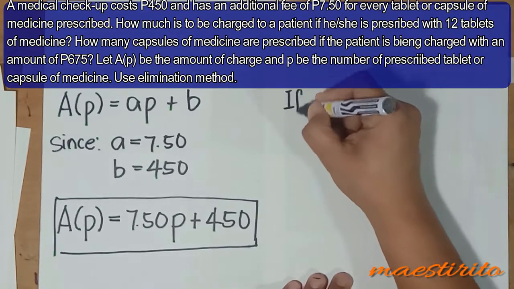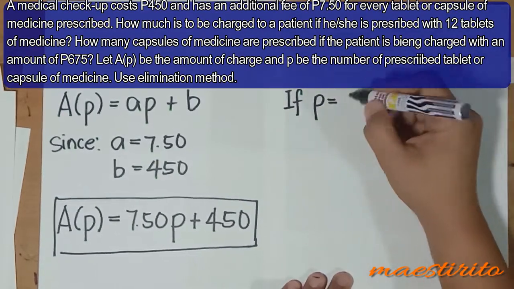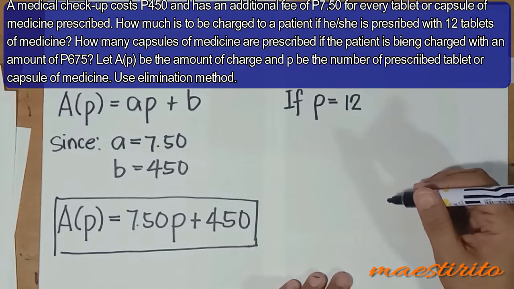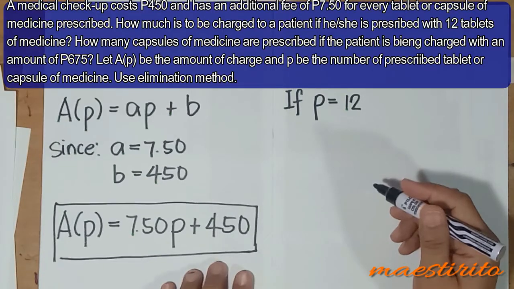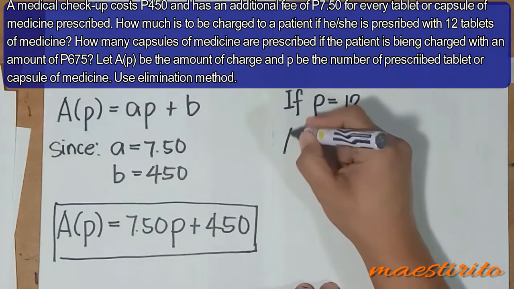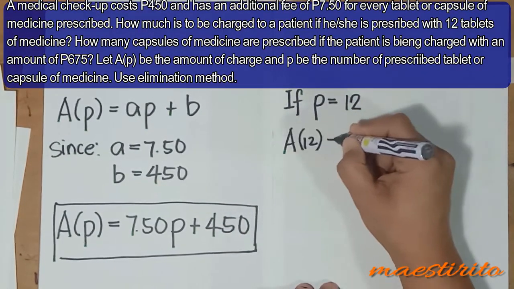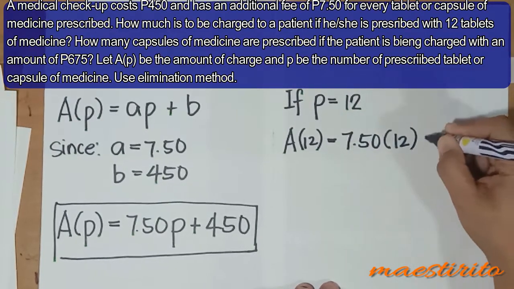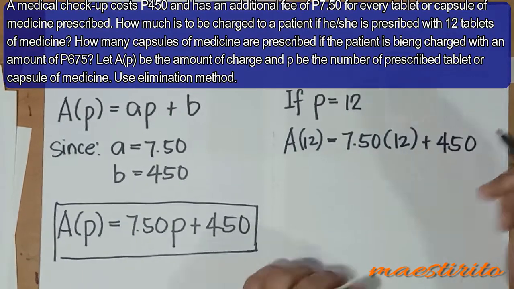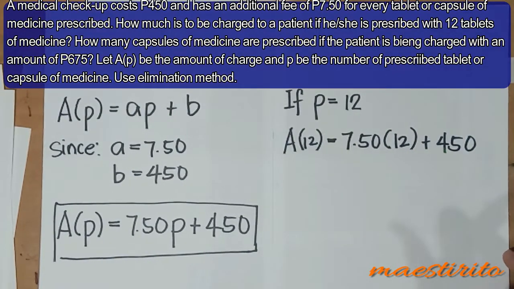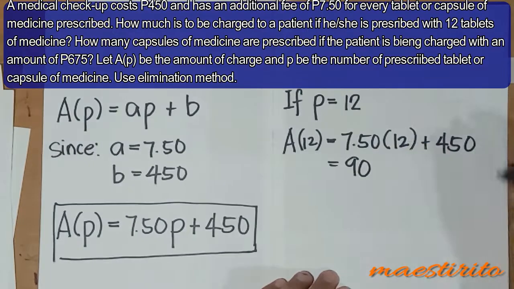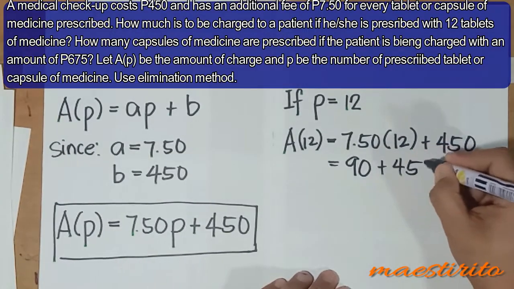If our P is 12, using the model for the problem, C(12) is 7.50 times 12 plus 450. 7.5 times 12 will give us 90, then plus 450, the consultation fee.